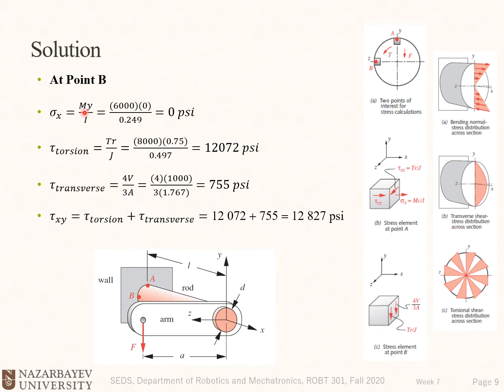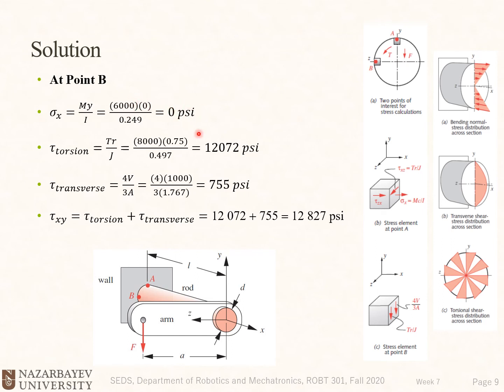Sigma x is My divided by I. Y is the distance from the neutral axis to the target point, yes? So for point A, y is equal to c, or b divided by 2, or the radius of the circle. But for point B, that distance y is equal to 0.